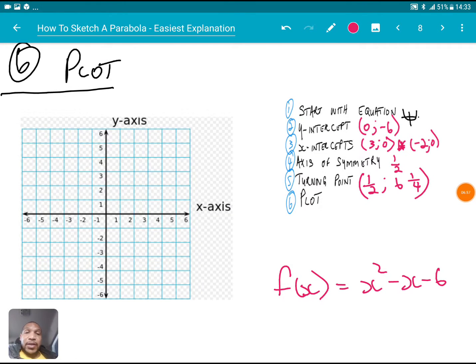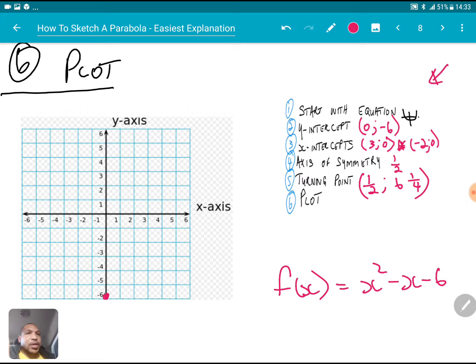And now our final step is to plot my equation of the parabola, x squared minus x minus 6. So now we simply put the points that we've worked out. While I was working out the points, I just wrote them next to the step, and that makes it easier to plot. So y-intercept -6, there's my first point.